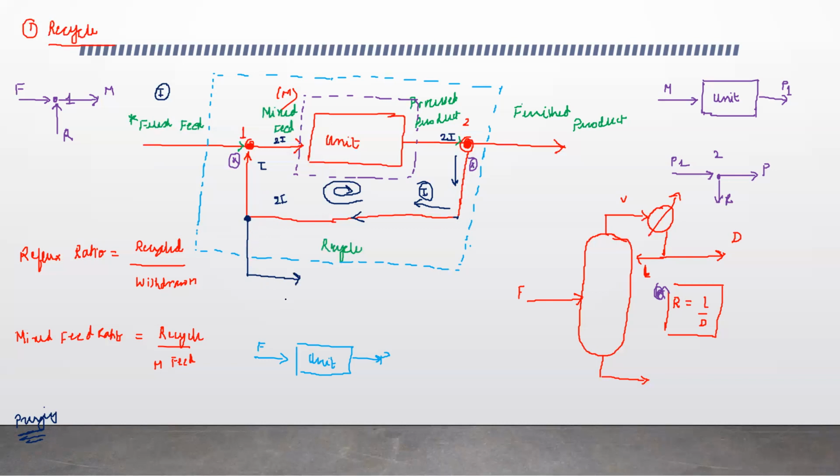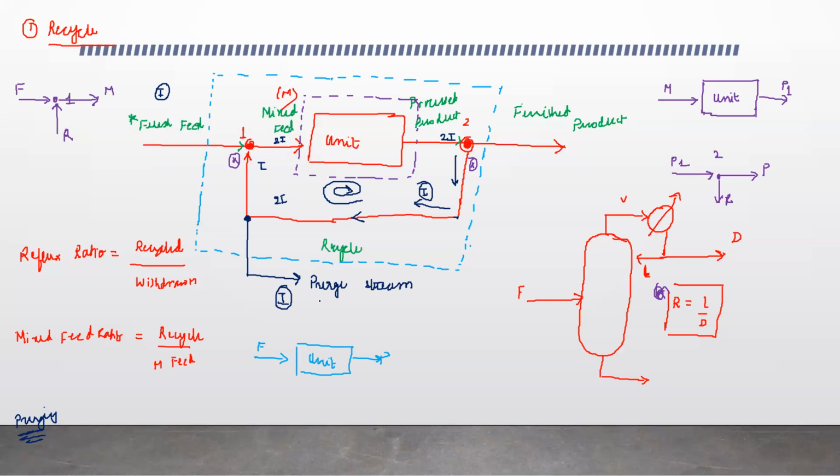In this stream, you have almost all your inerts. So this stream is known as the purge stream. This is a very, very important unit operation, because if there are no inerts in the system, then that is not a problem.